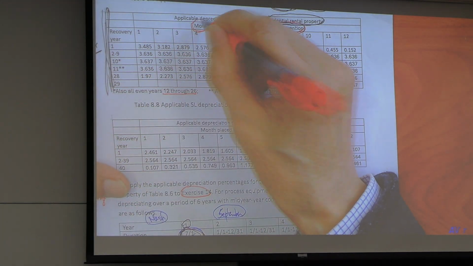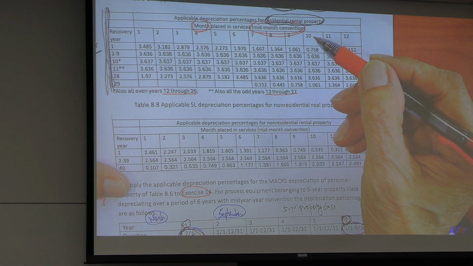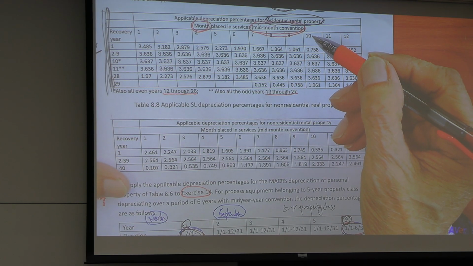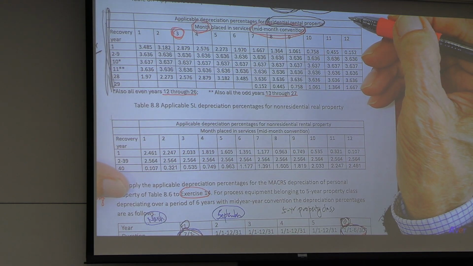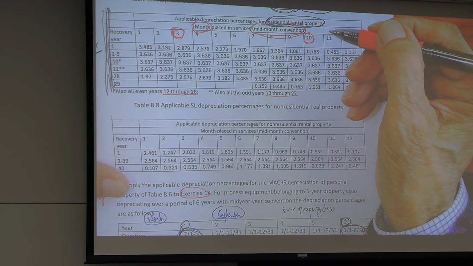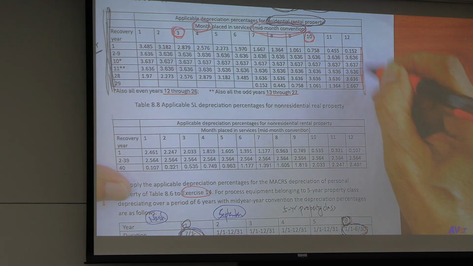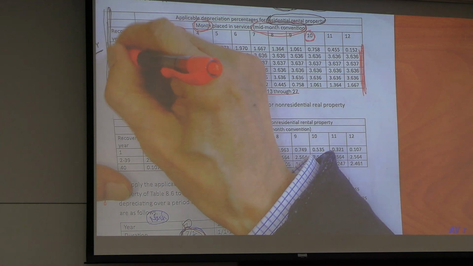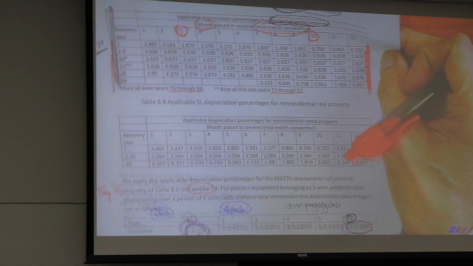Month. Do you own a residential rental property in March or October, mid-month convention? How do we get those percentages? What do they mean? You go to page 50.